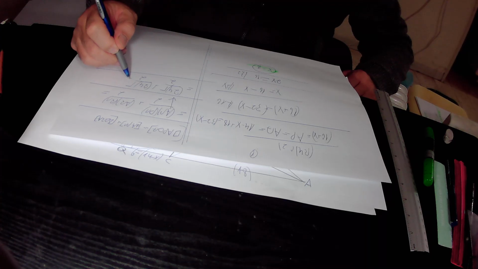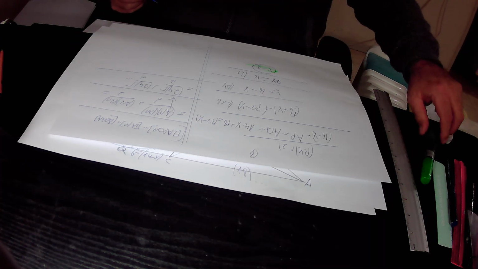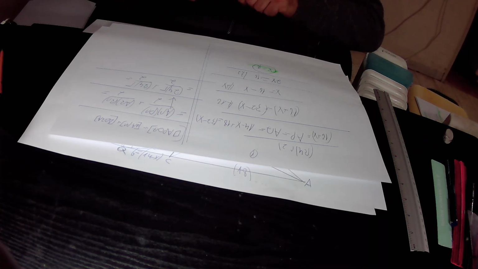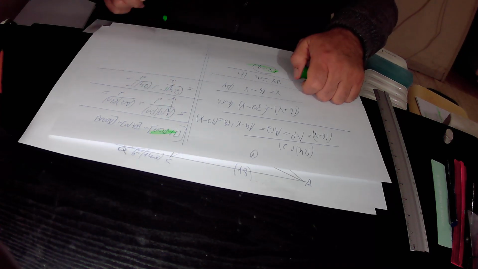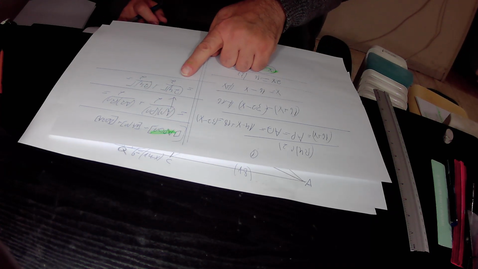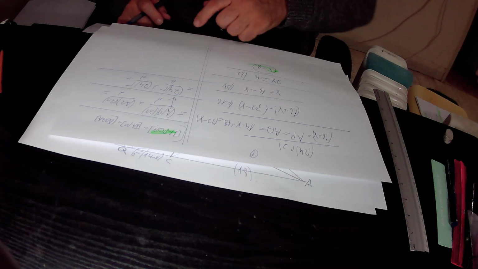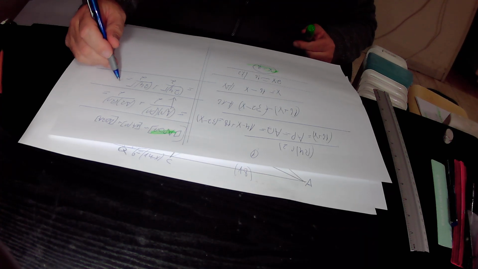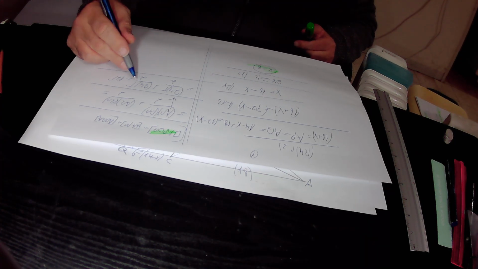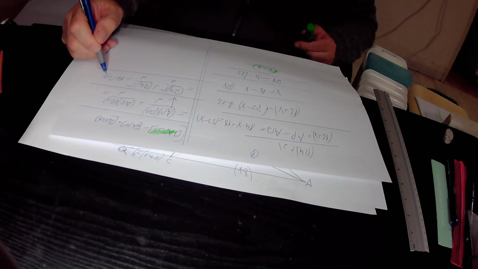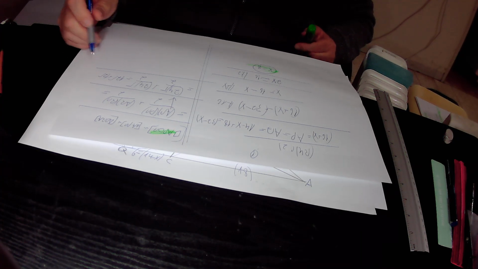Over 2. So in total we found out that the area of the big quadrilateral APOQ is equal to 24R over 2, that is 12R, plus 12R. 12R plus 12R is 24R.